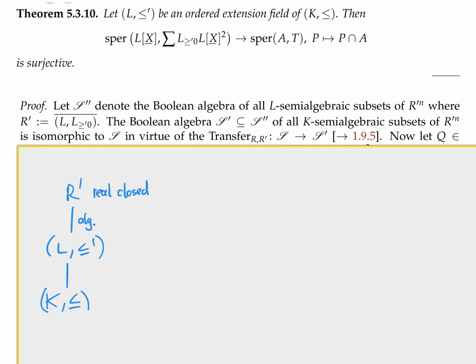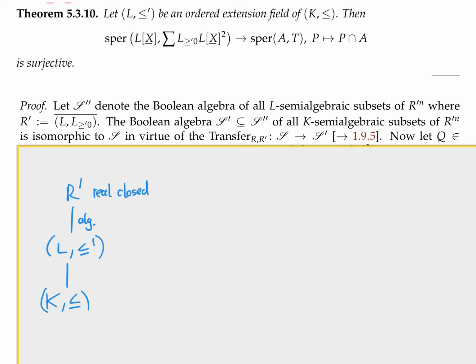So a Boolean algebra of L semi-algebraic subsets of R prime to the n, right? So coefficients are from L, but the subset is contained in R prime to the n. Good. And by the way, we know that the ultrafilters in this Boolean algebra correspond to the real spectrum of a polynomial ring over L, right?